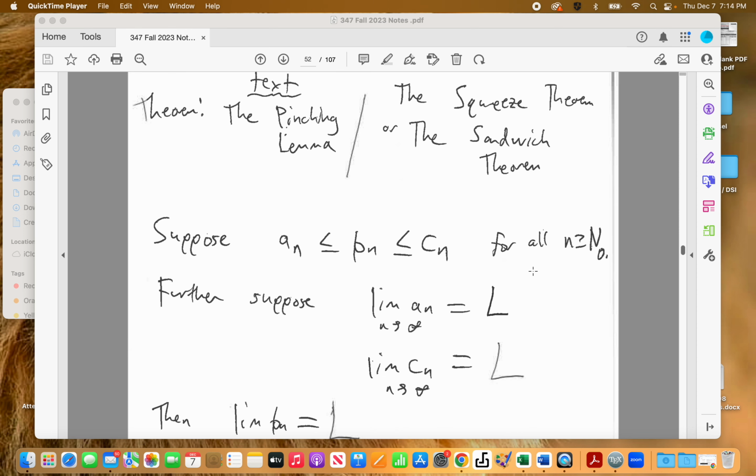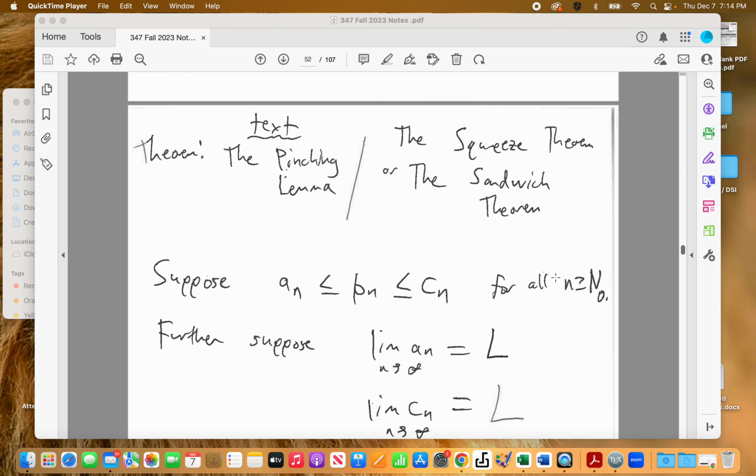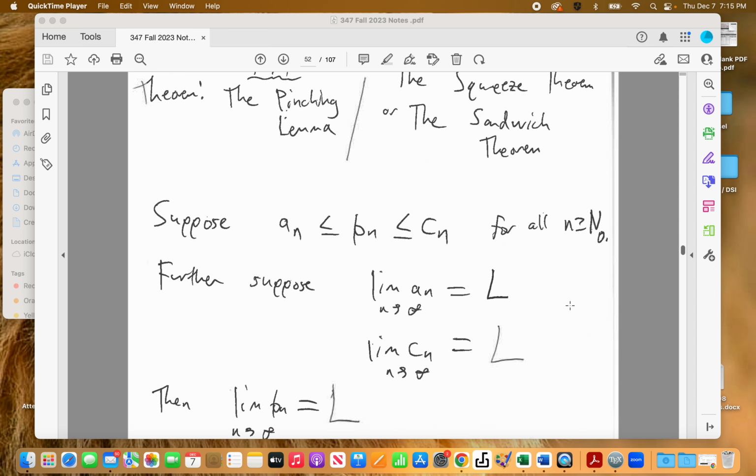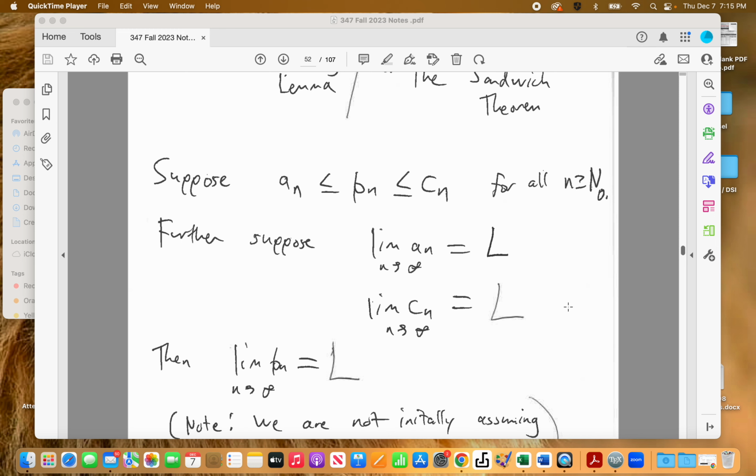Yeah, the squeeze theorem. This is kind of famous mathematics, classical stuff here. I wouldn't just force you to prove the squeeze theorem. It would be a choices problem, but nonetheless, this might be a good one. If a_n converges to L and c_n converges to L, then the middle guy has to converge to L too.